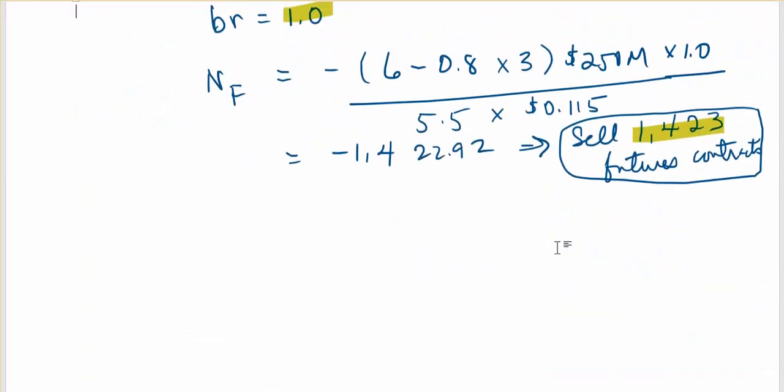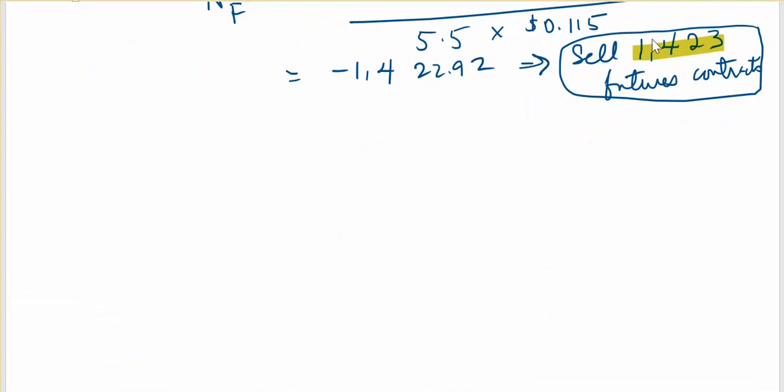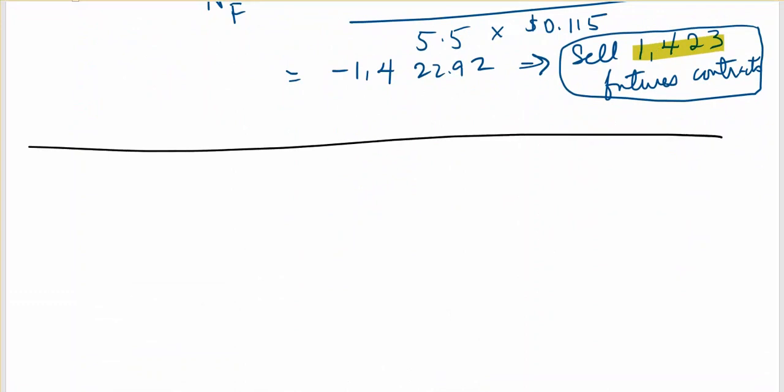Just one more comment about the intuition of why the bank will be selling futures contracts. Remember, the risk for the FI is that interest rates will go up.